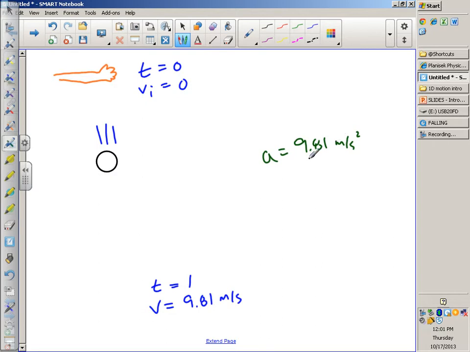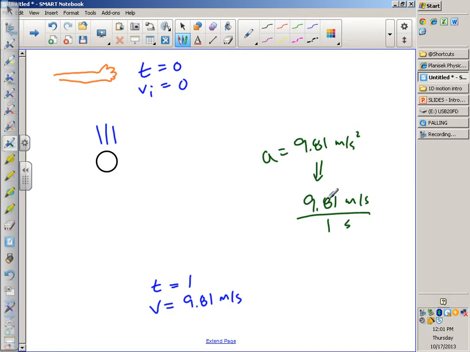Remember earlier in this unit, we said that an acceleration of 9.81 meters per second squared is the equivalent of stating this, right? That for every second that goes by, this object's velocity is going to change by 9.81 meters per second. That good?